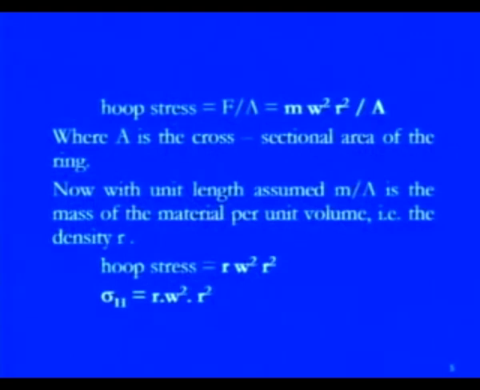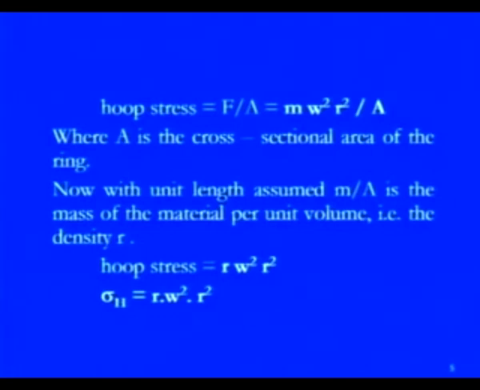The force which we computed previously is mass into acceleration, so mass m into omega square r square, divided by area, because this area is the effective area under the circumferential effect plus whatever forces are applied due to P. Now for unit length, assume m by A, because we are assuming that the pressure is applied per unit length. So this unit length assumption always comes into the picture, and m by A is nothing but the mass of the material per unit volume.